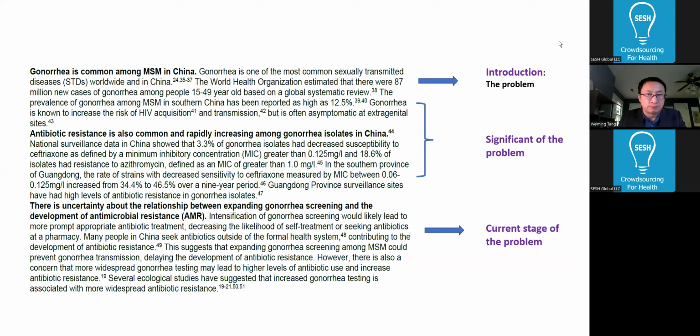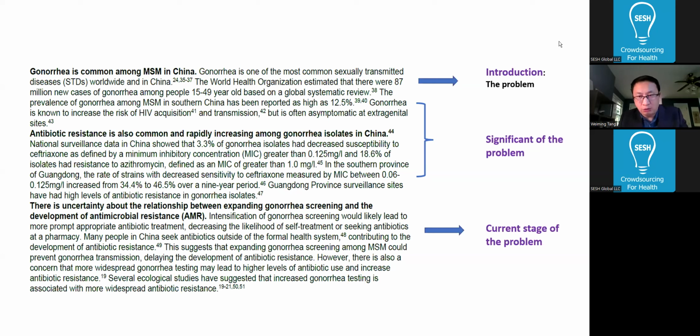We indicated that in the southern province of Guangdong, the rate of strains with decreased sensitivity to the medication by MIC increased from 34.4% to 46.5% over a 9-year period, which means the antibiotic resistance rate increased a lot in 9 years. That was a big problem for the resistance. So you need to address the problem.